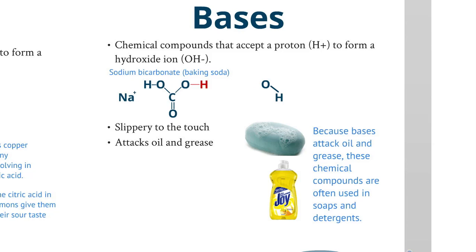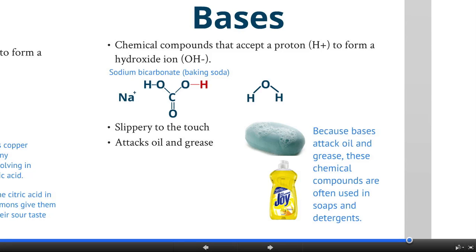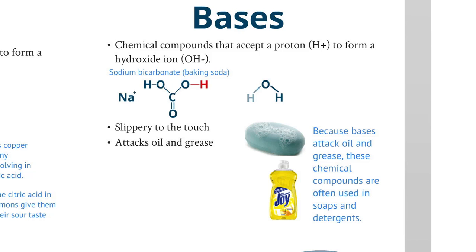It's going to gain a proton. But where is it going to get it from? It's going to get it from the water molecule. So watch what happens here. This takes it away from the water, and what you have left is OH minus.